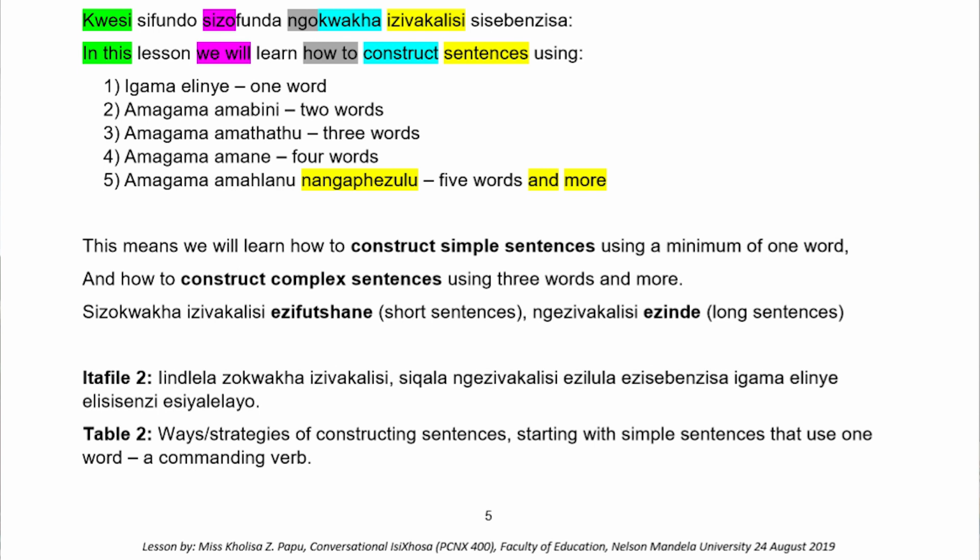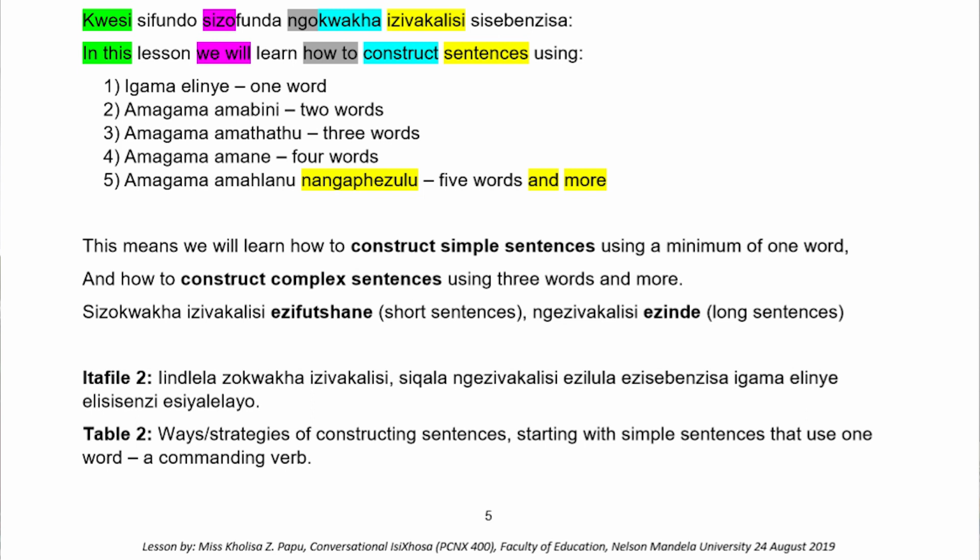NgesiXhosa, sizofunda ukwakha izivakalisi ezifutshane, short sentences, sisebenzisa igama elinye. Sizophinda sifunde ukwenza izivakalisi sisebenzisa amagama amathathu nangaphezulu. Ezo izivakalisi zizobe zinde, long sentences.